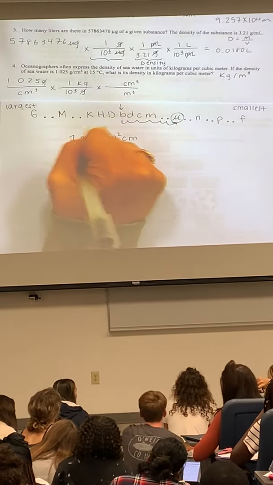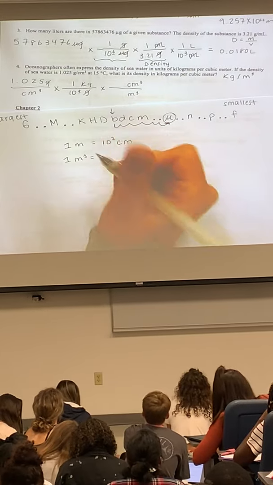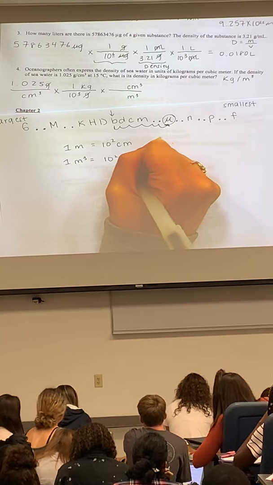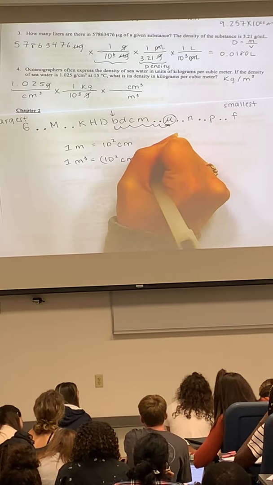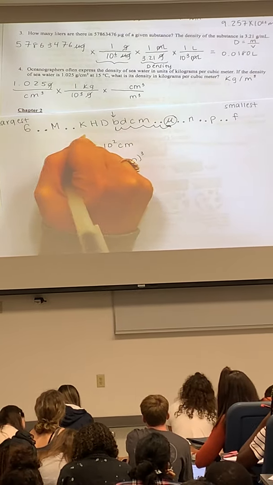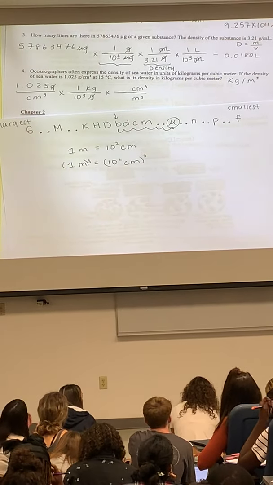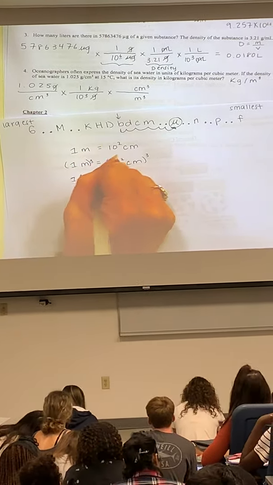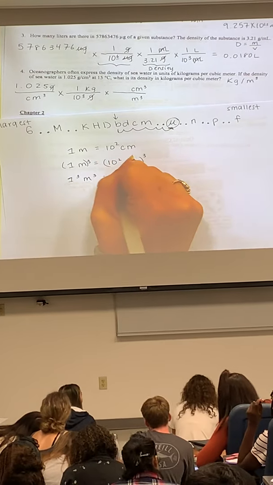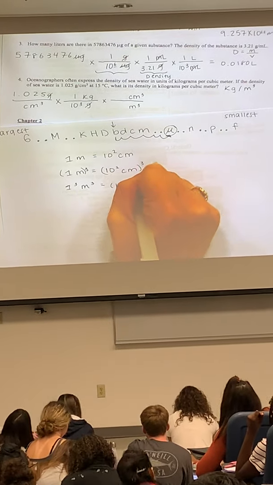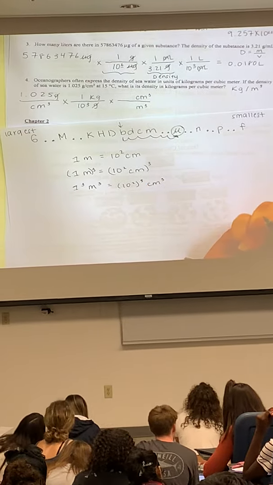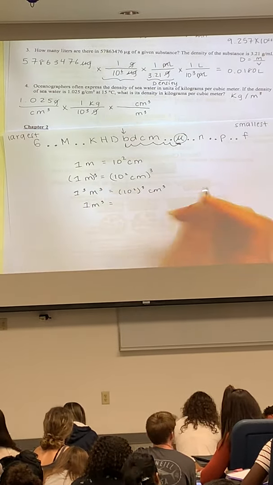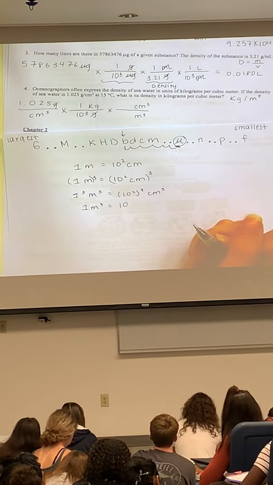In 1 meter cubed, however, we have 10 to the second centimeters, but everything gets cubed. So when you cube something, it's both the number and the unit. So this is 1 cubed meters cubed is equal to 10 to the second cubed centimeters cubed. Still just 1 meter cubed is equal to, how do you solve that?